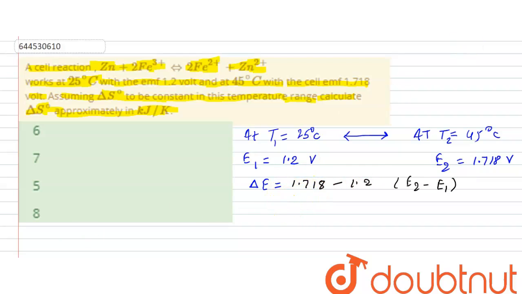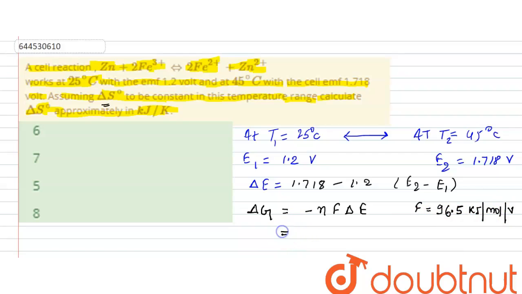Now we want to calculate delta G first, because for delta S calculation we require the value of delta G, the Gibbs free energy, given by this equation: delta G = minus nF delta E. Now what is the value of F? The value of F, the Faraday, is 96.5 kilojoule per mole per volt.